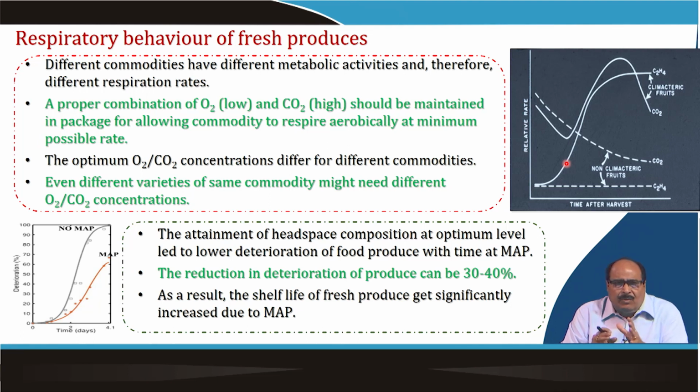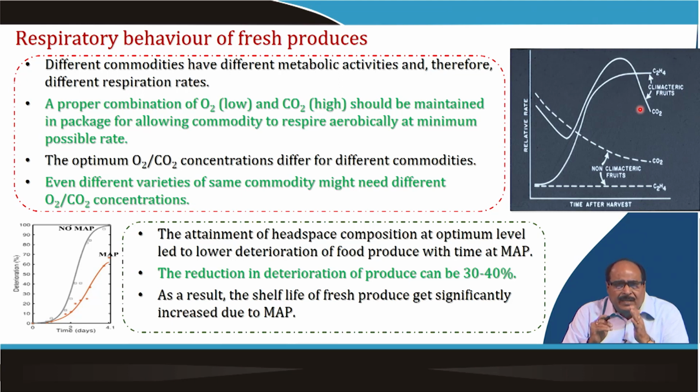So, in all these, whether it is modified atmosphere packaging, edible coating, active packaging, or later controlled atmosphere storage, basically we are controlling the rate of respiration, extending the shelf life, and rate of respiration is also related to the ethylene production. You can see its respiratory behavior in the climacteric fruit and non-climacteric fruit, it varies, and all these factors are considered appropriately and process parameters are accordingly selected.